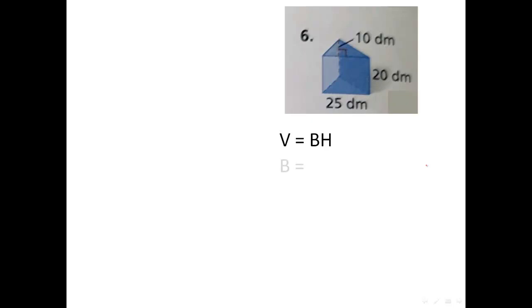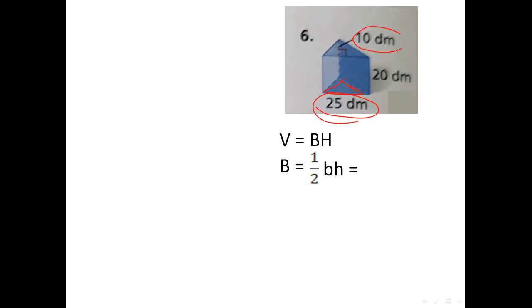Okay, take the area of the base. What is the area of the base here? The base here is a triangle. What is the area of a triangle? Half base multiplies height. What is the base of the triangle? This is the base of the triangle, 25 decimeter.